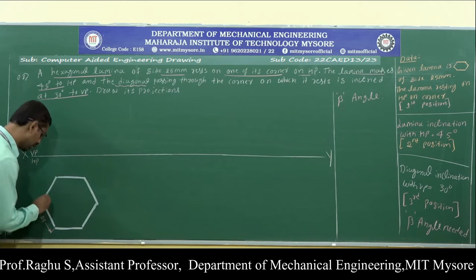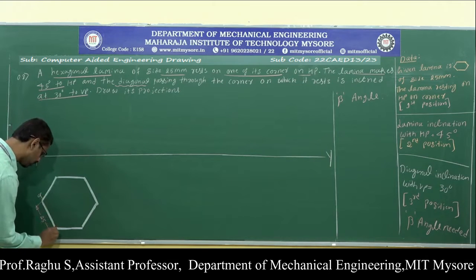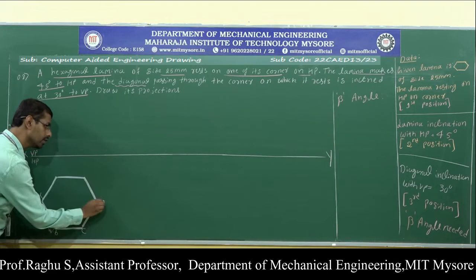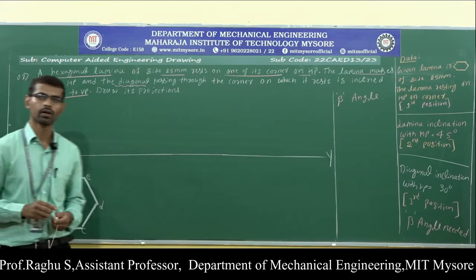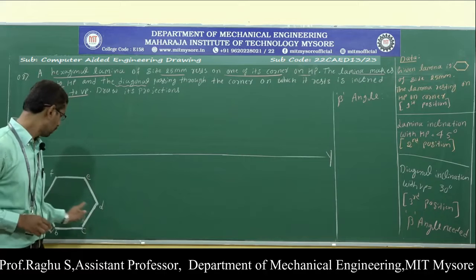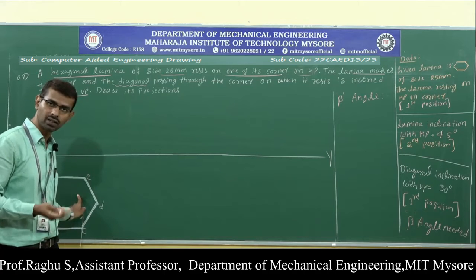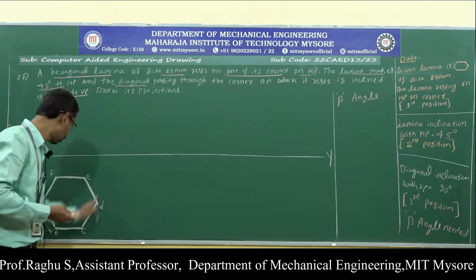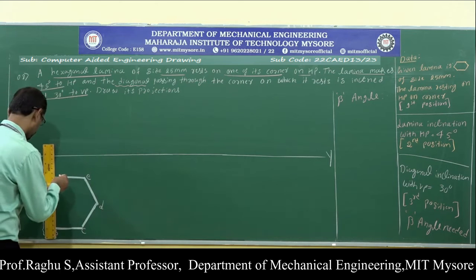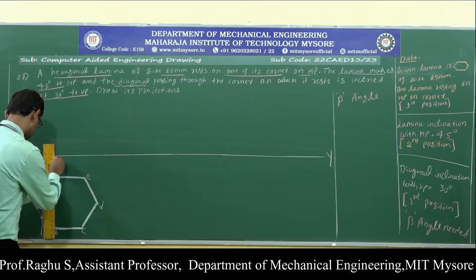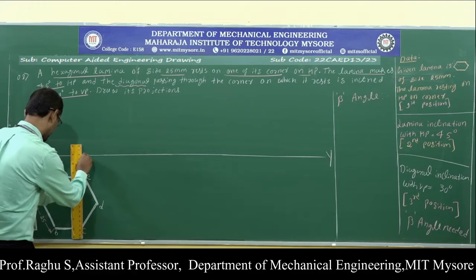Indicate the dimension. Next, do the naming A, B, C, D, E and F. After completion of the first position top view, to get the front view, draw vertical projections from all the corners to the XY line, using thin lines.